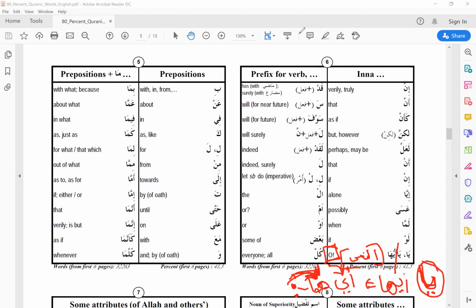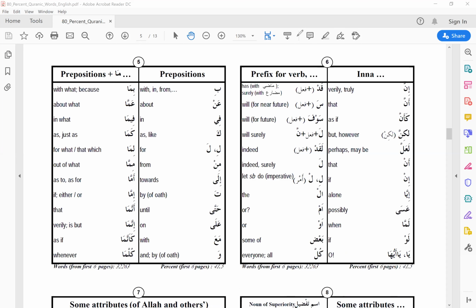So with ayyuha, decomposing, it's like, okay, all those that belong to this pronoun that we're going to talk to you about, which is the people here, for example, ya ayyuhan nas, oh people. It's talking to whatever group of people you're referring to.